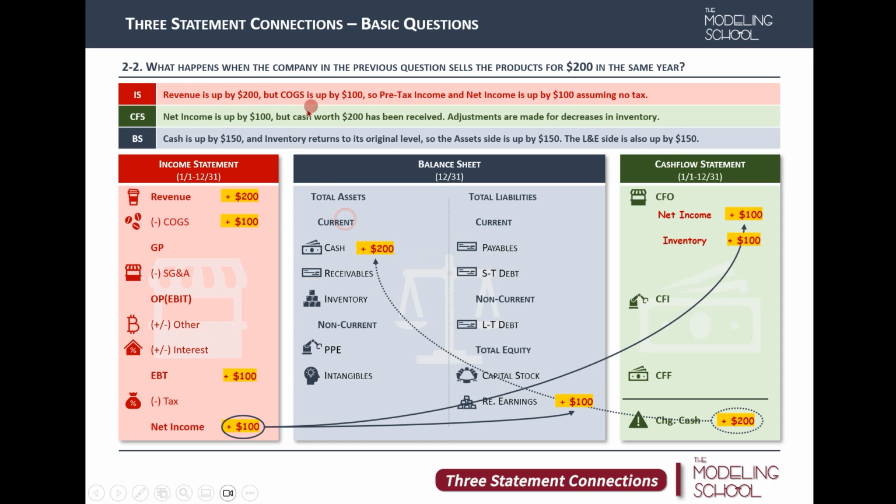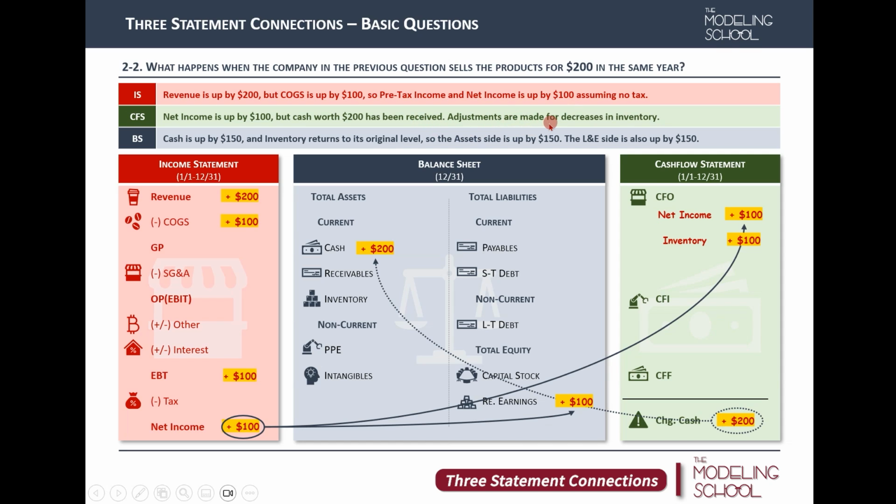So to sum up, revenue is up by $200. However, cost of goods sold is up by $100. So pre-tax income and net income is up by $100, assuming no tax. Net income is up by $100, but cash worth $200 has been received, and we are assuming no accounts receivable or something like that.